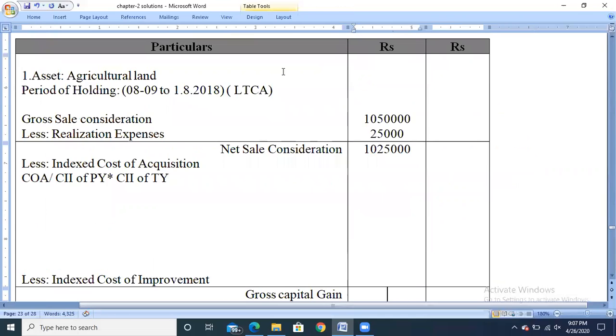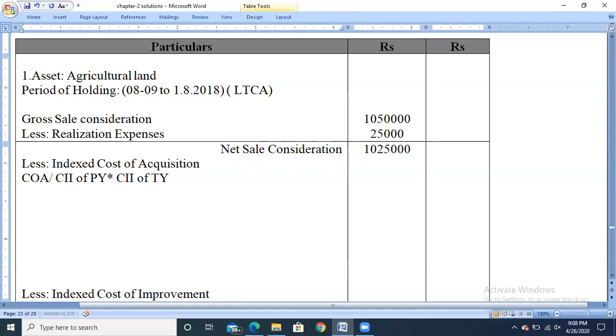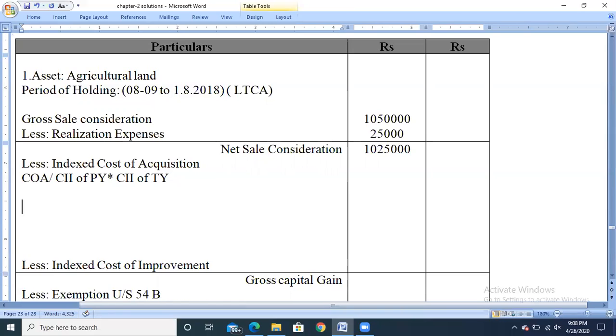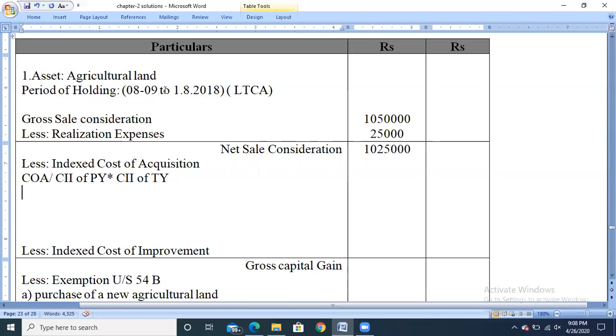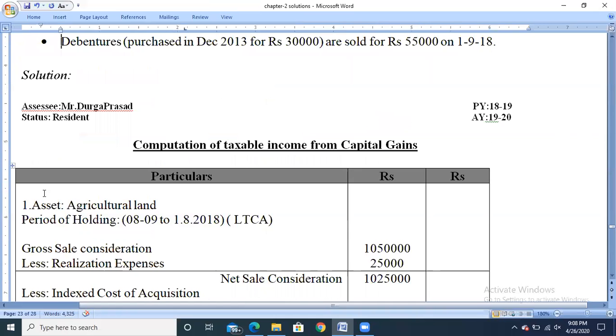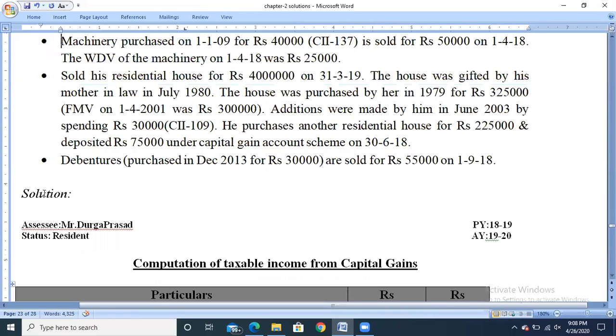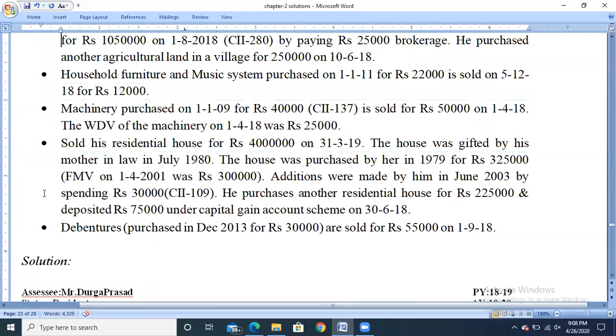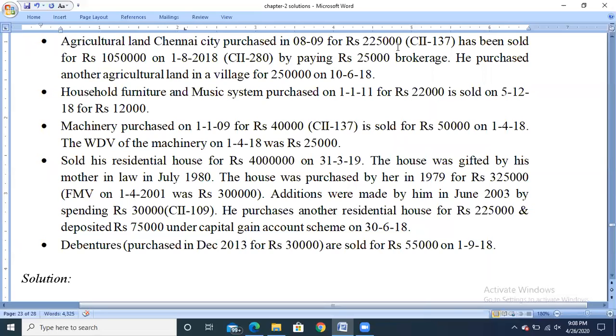Now from the net sale consideration, calculate the indexed cost of acquisition because it's a long-term capital asset. The formula: cost of acquisition divided by CII of purchase year into CII of transfer year. Since the asset has been purchased after 1/4/2001, the purchase price will be the cost of acquisition. The asset was purchased for rupees 2,25,000 and the CII is 137.